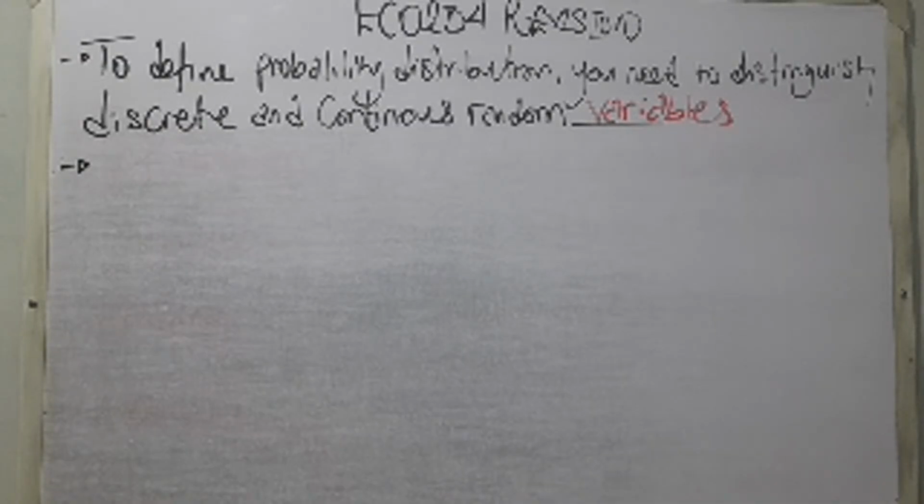Now it says, question 2. A random variable takes value from a dash probability.